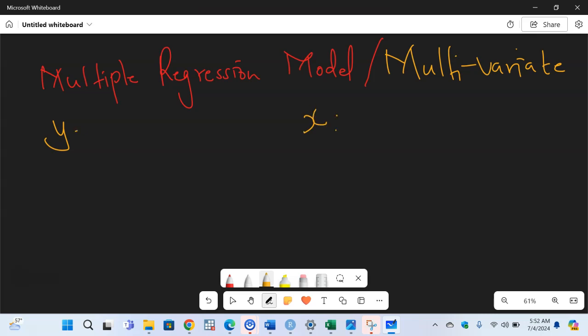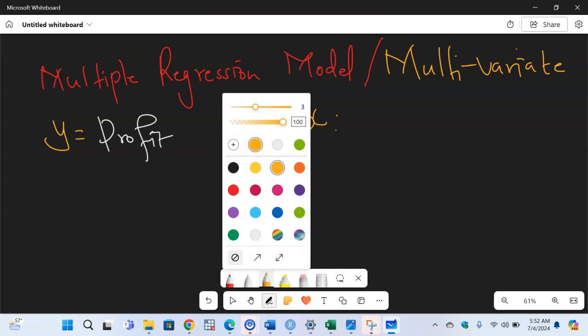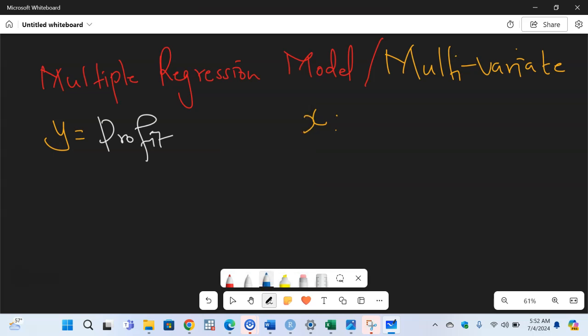Here our y is profit, then our x's: we have x1, x2, and x3. x1 we said is sales, the one that we actually did. x2 is unit price.